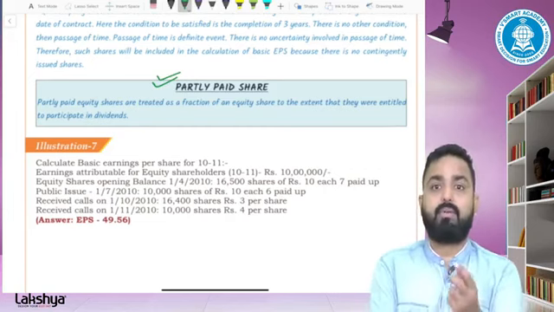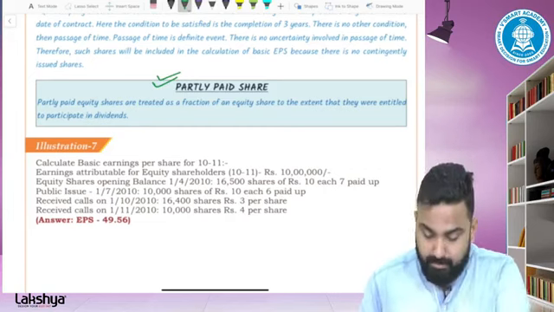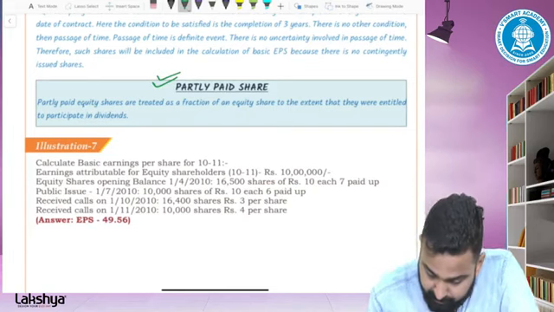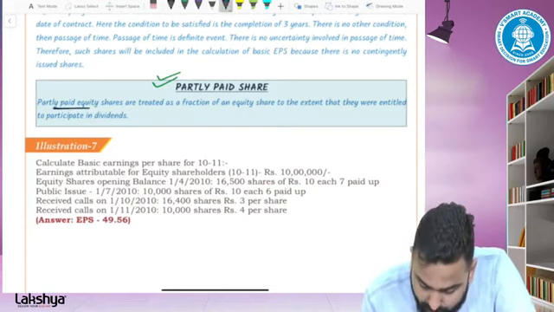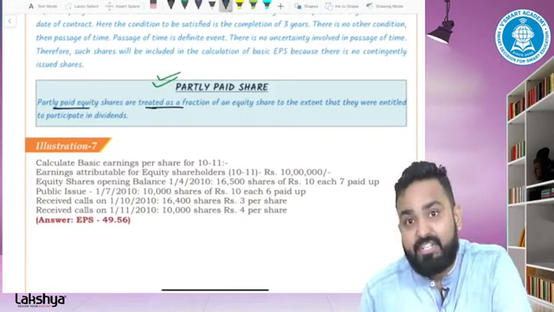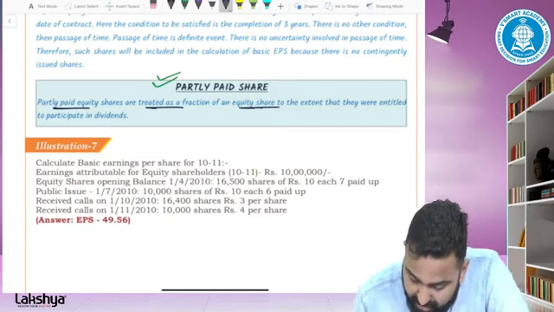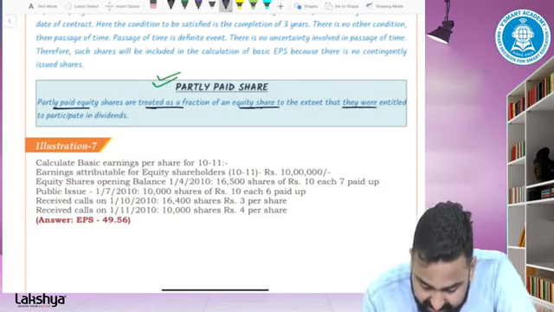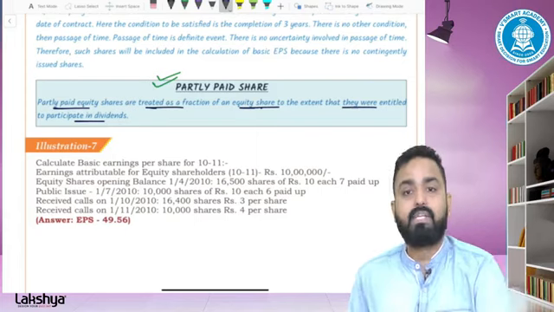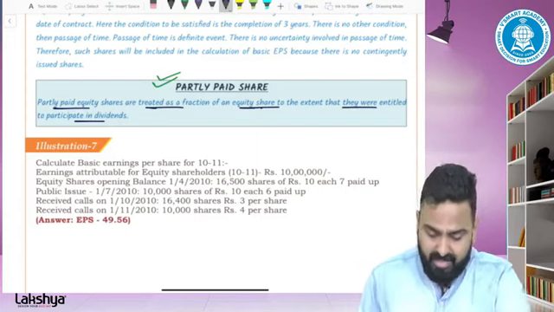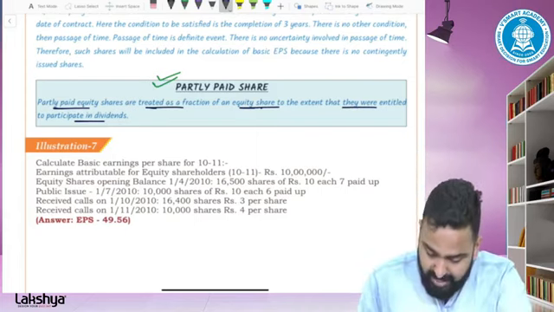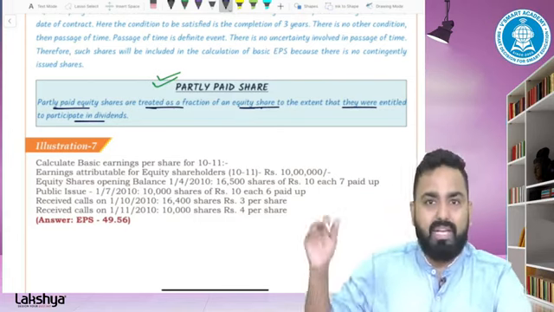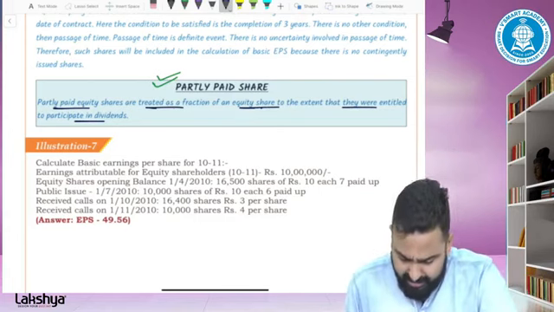Partly paid shares. Partly paid equity shares are treated as a fraction of an equity share to the extent that they are entitled to participate in dividend. Now, what do you mean by partly paid shares? How to deal with them?